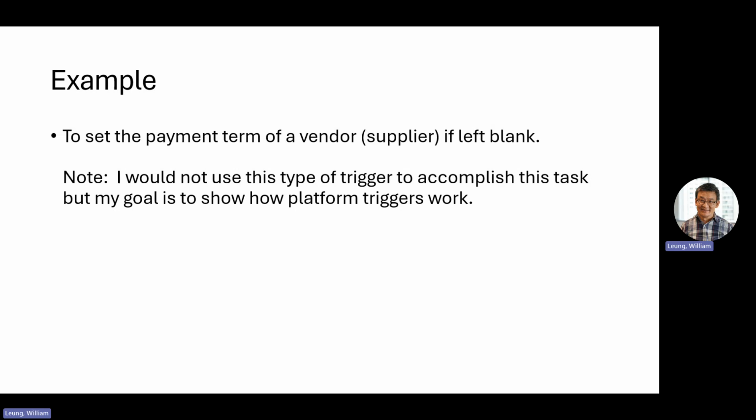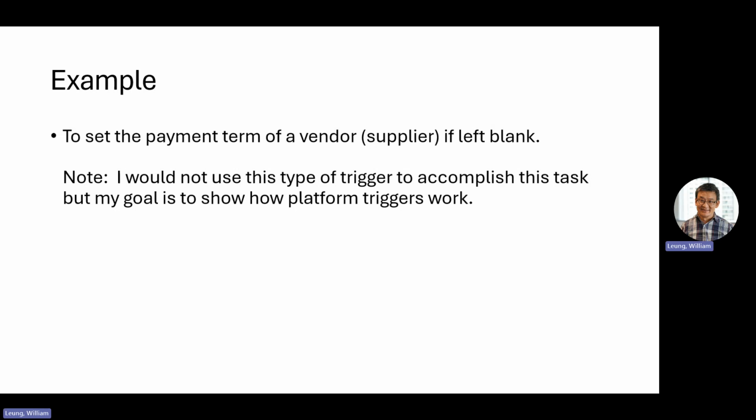And I just want to say that for this use case, I wouldn't use this type of trigger to perform this particular use case, but it's something to show how the API platform trigger works. And since my demo company is using Australian English, you'll see the word supplier instead of vendor, just for those people that are not from my region.